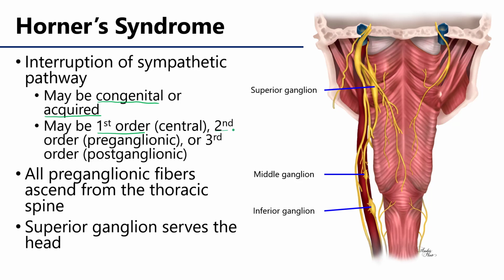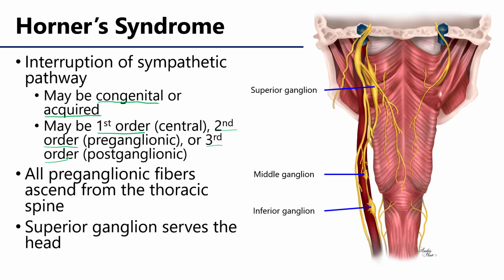There is second-order Horner's syndrome, and this is when the preganglionic pathway, so this would be between the spinal cord and the sympathetic trunk, or up to the ganglia where that preganglionic neuron is going to synapse, or third-order Horner's. Third-order Horner's involves the postganglionic fiber, so between the ganglion and the target organ.